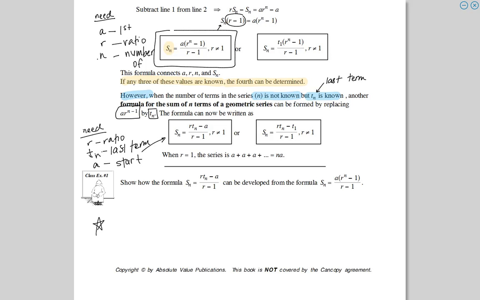Okay, so class example 1 is just going to be like the proof of this second formula, so it's not too important. We can do it quickly. So you start with this sum formula that was developed at the top of the page. Okay, and then you have to have some inspiration for this.